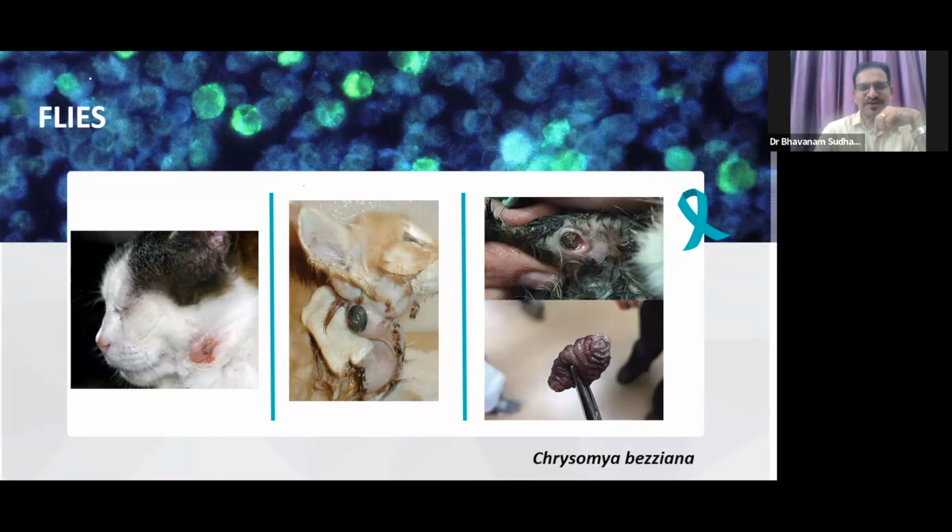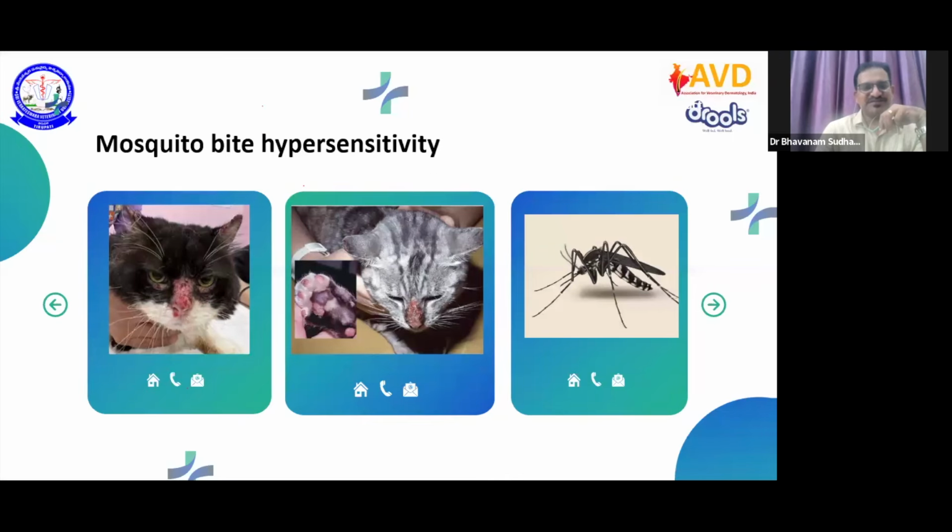These flies invade, and development of the maggot stage is the most common secondary problem. Next is mosquito bite hypersensitivity, where even a normal mosquito can cause skin lesions in areas of the body with less hair. Most commonly we see it at the nose bridge region, otherwise the paw region. This is the most common differential diagnosis for miliary dermatitis in cats.